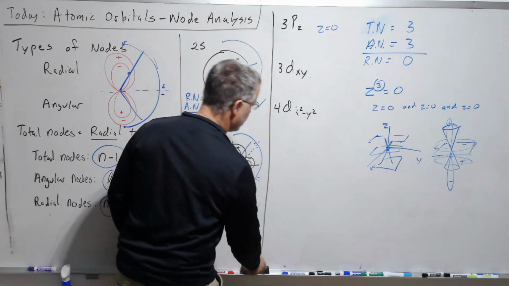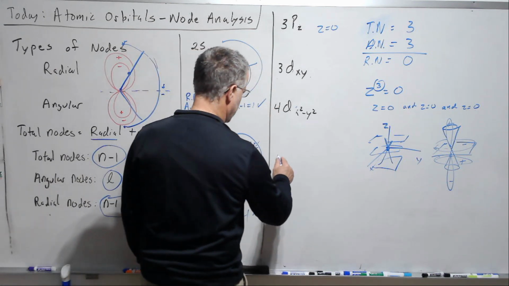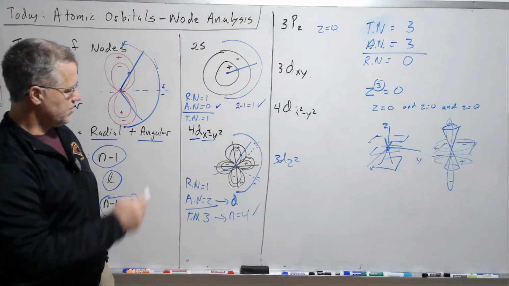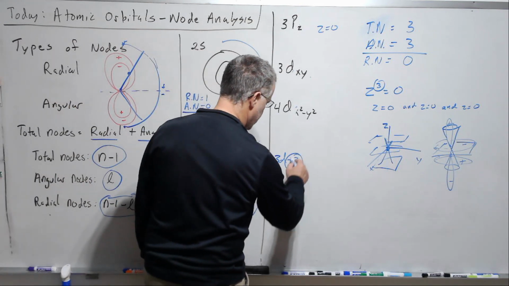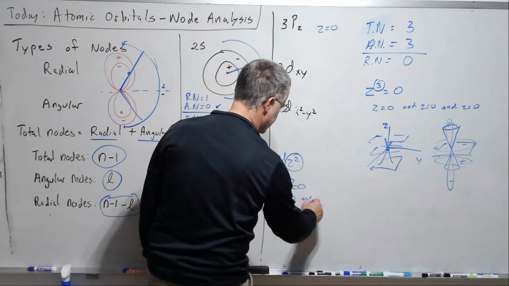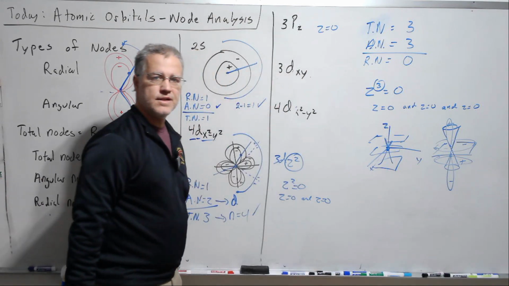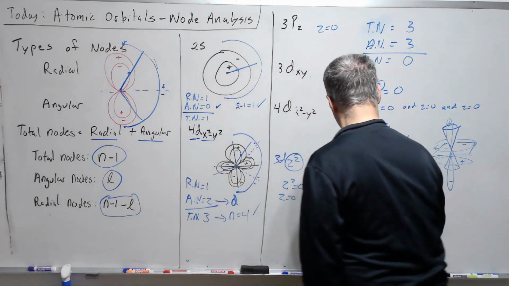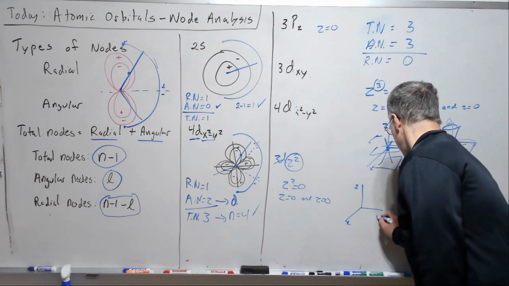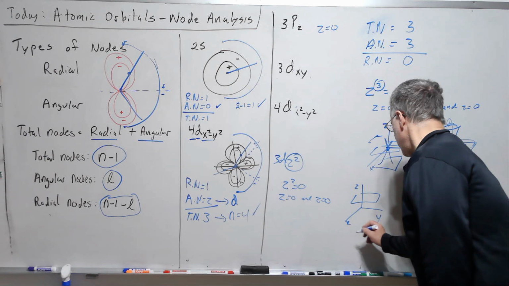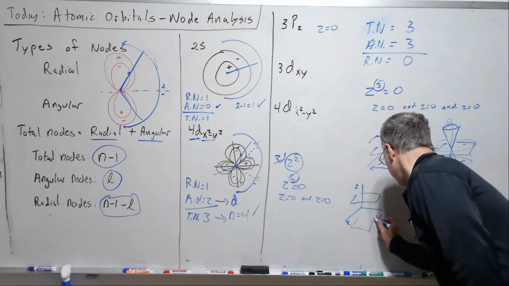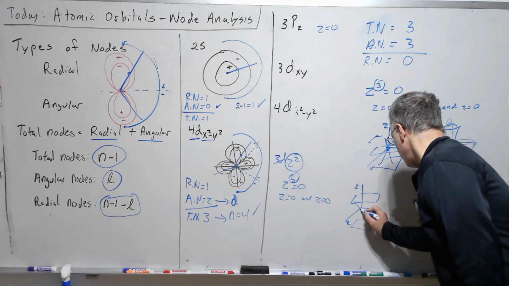Maybe just to make a little simpler version, let's do the 3D z squared just to complement this. So what do we say here? Z squared equals 0. So that means z equals 0 and z equals 0. Let's do this same thing. Draw our coordinate system. Put symmetrically two planes now, because there's two here. And then we will pull down.